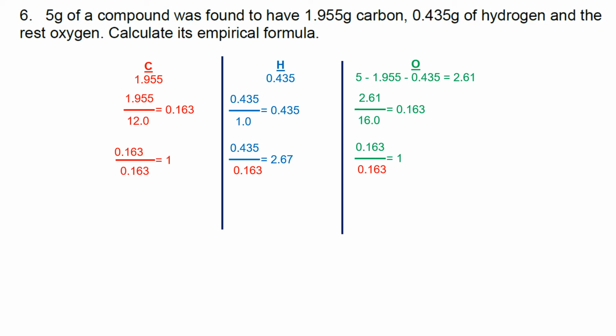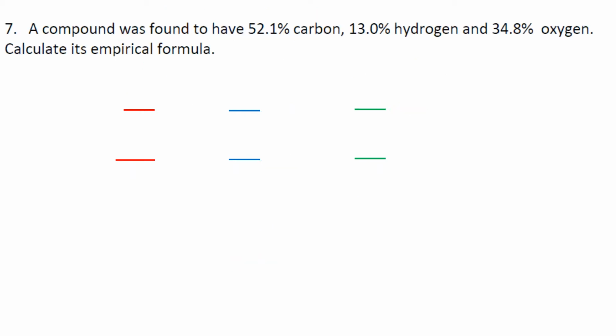We've got this 0.666 again. So we times it by 3. So we get 3 to 8 to 3. So it will be C3H8O3.